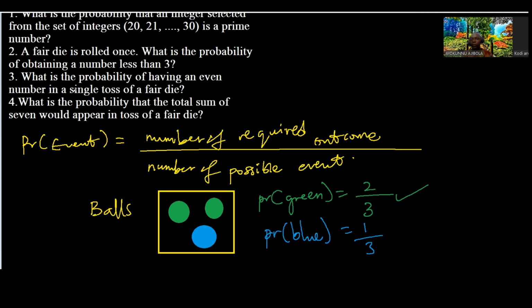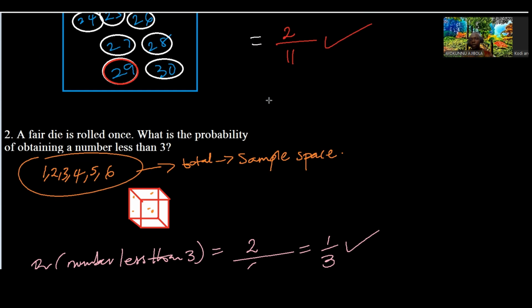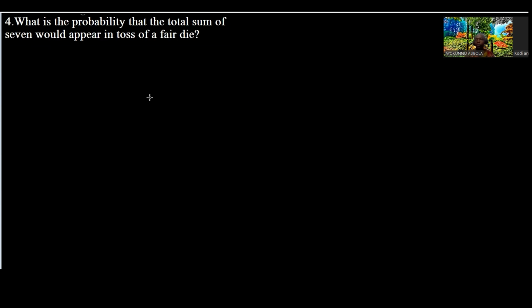Then the last question. I think there's something I need to change in that last question, because it's talking about the total sum of seven. You can't have a die and be talking about a sum of seven, okay? Yes, sir. So you must have a pair. What's the probability that the total sum of seven would appear in a toss of a pair of fair dice?